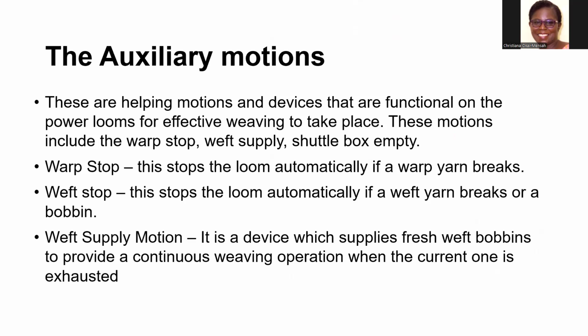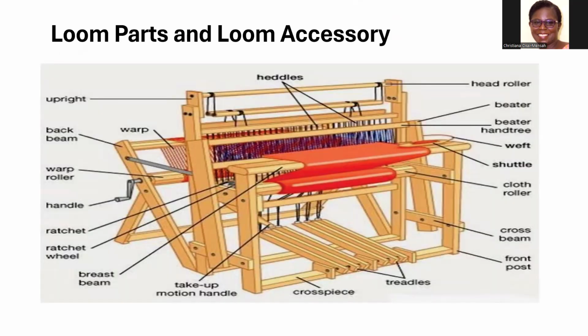And after everything, you start the machine. So any problem that will happen, there's an indicator that will indicate where the problem is so that you fix the problem, then you start the machine. So these are the auxiliary motions, the helping motions on the power loom. I hope this one too is okay.